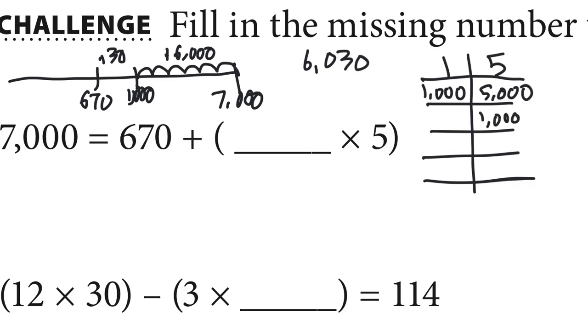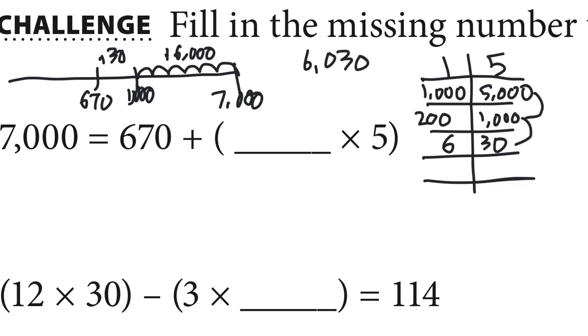Okay. Well, I know that there are 20 in 100, so there must be 200 in 1,000. Well, now I'm up to 6,000. And then I know that 5 times 6 is 30. Add that on there.